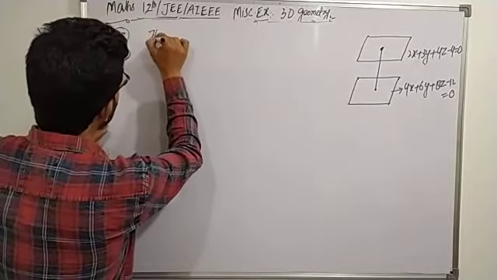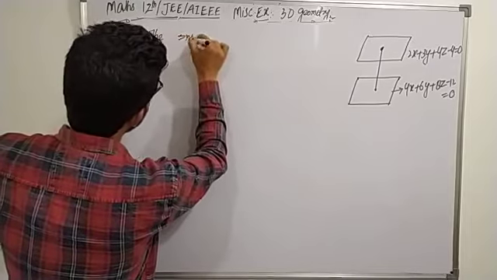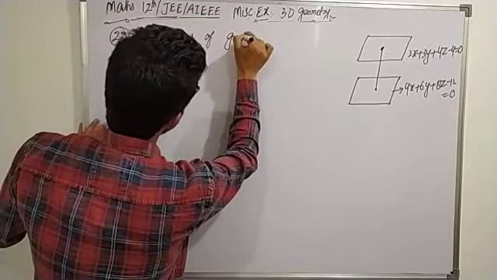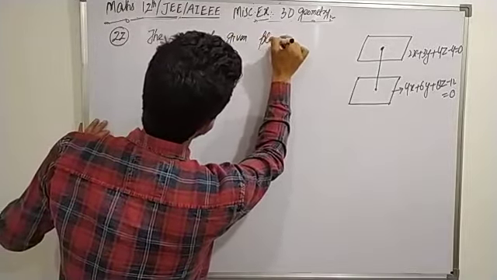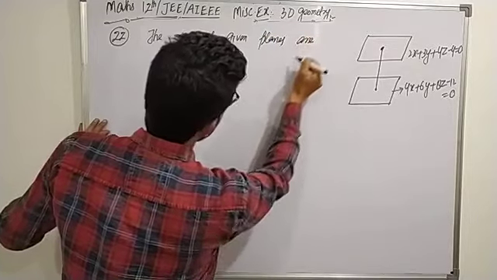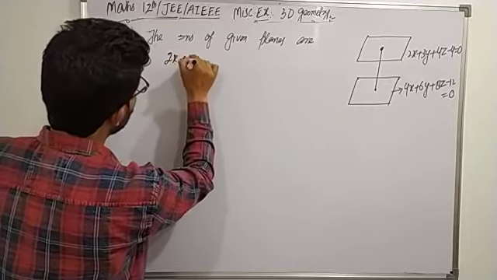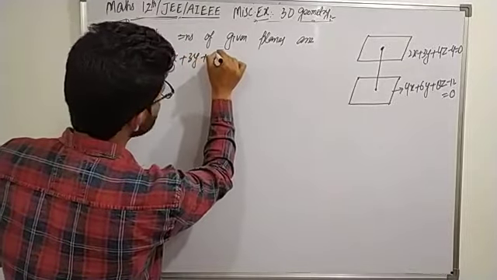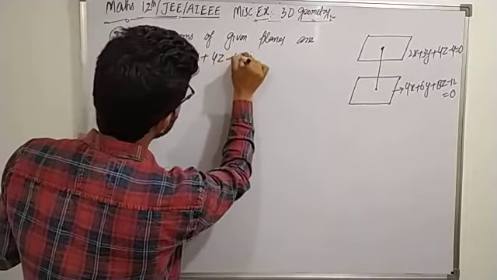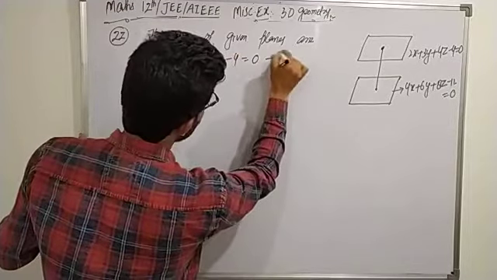So the equations of given planes are 2x plus 3y plus 4z minus 4 is equal to 0. Keep it as first.